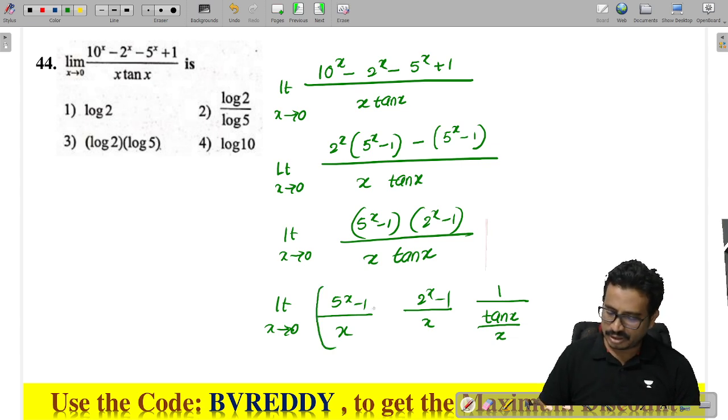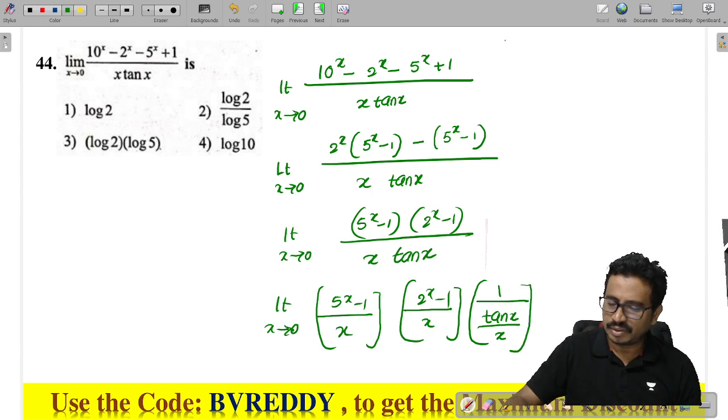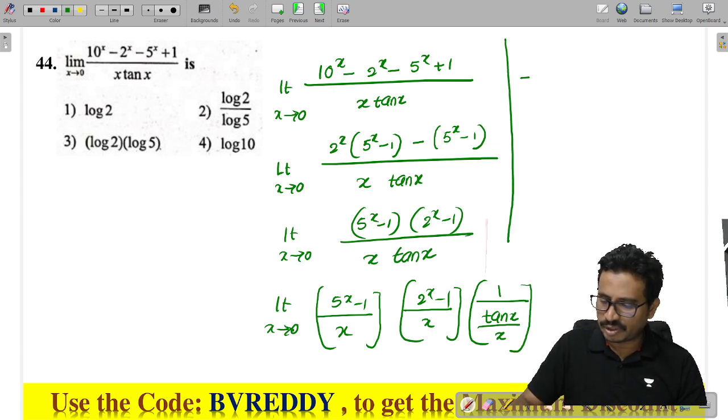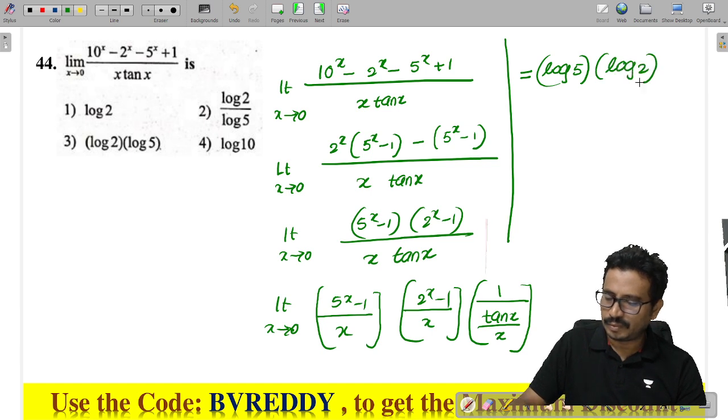Now you see this limit is applicable for all three functions. So what I will get is log 5, and this is log 2, and as x tends to 0, tan x by x is 1, so the answer is log 10.